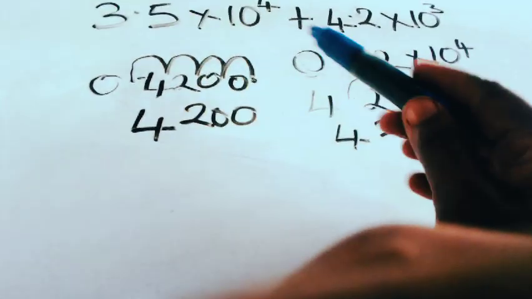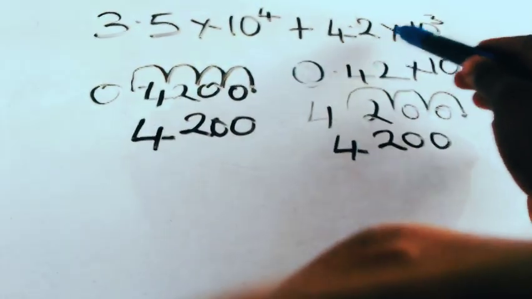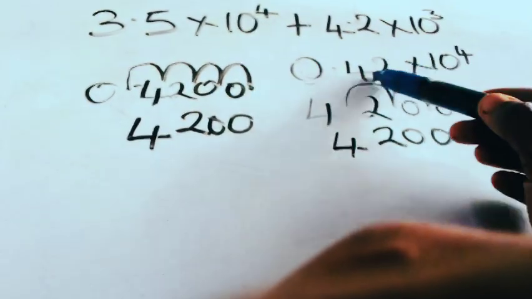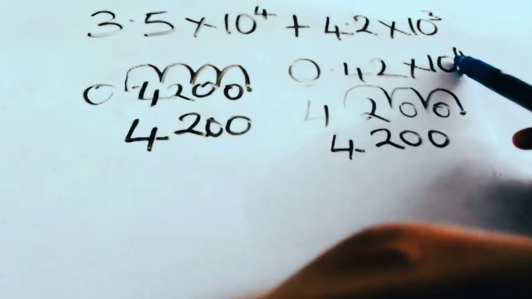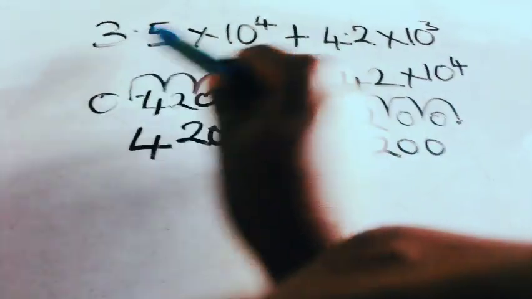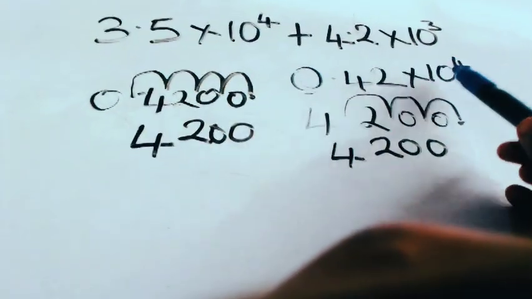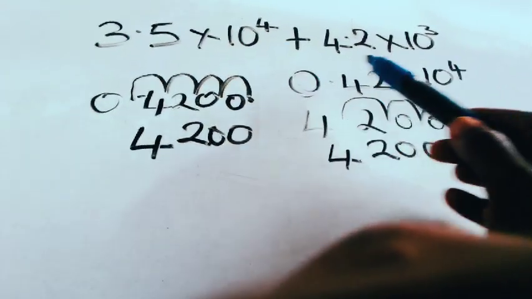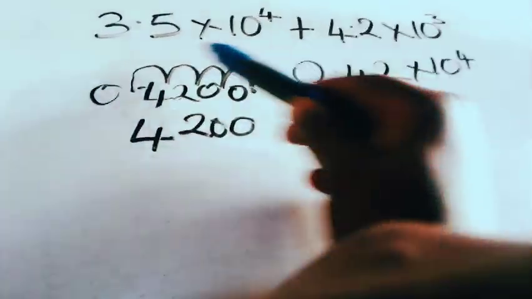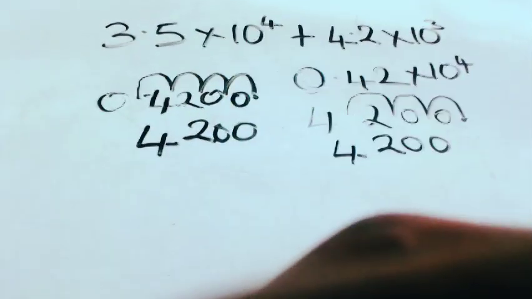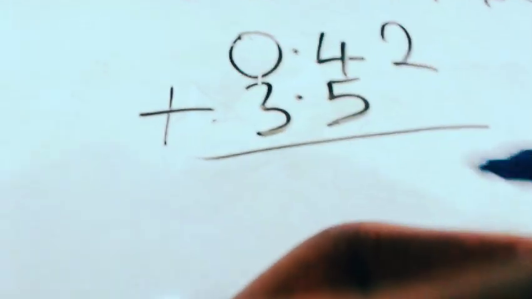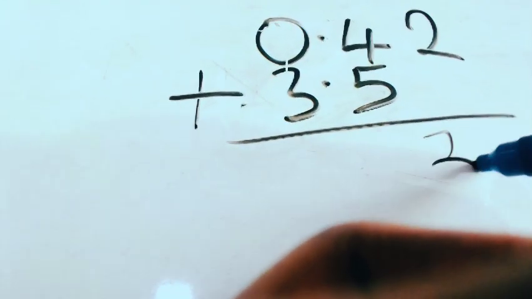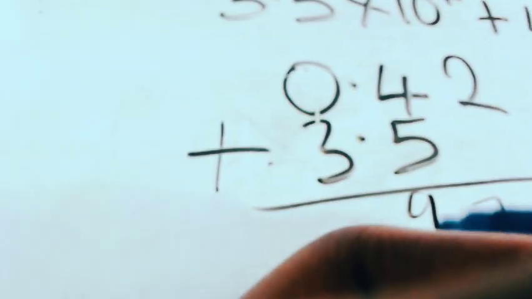So now having converted 4.2 times 10 raised to the power 3 to 0.42 times 10 raised to the power 4, you can see that the power of 10 here and here is now the same. We are going to add 0.42 plus 3.5 because we're going to add the decimals. So I bring down my 2. This is 9.